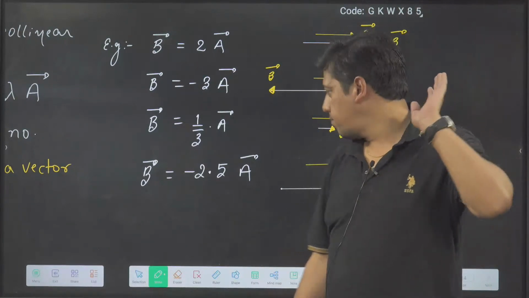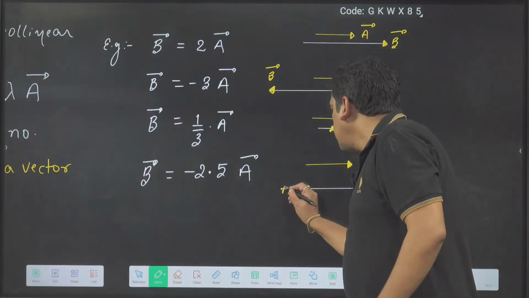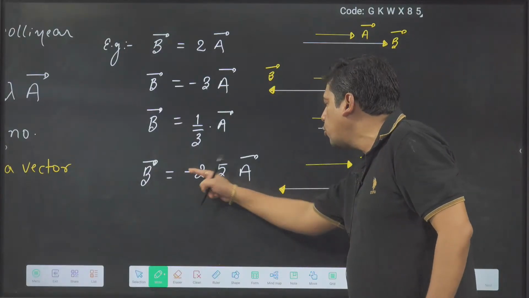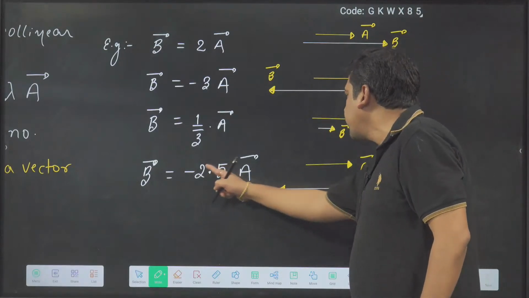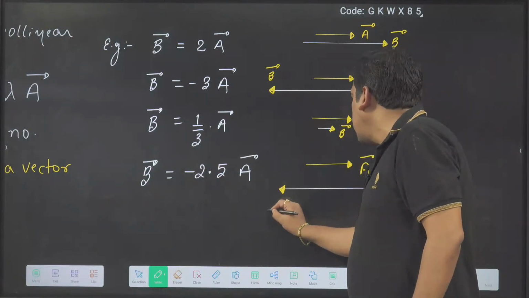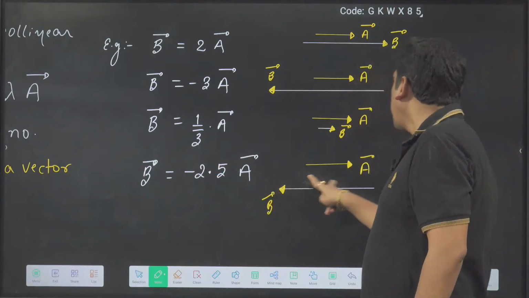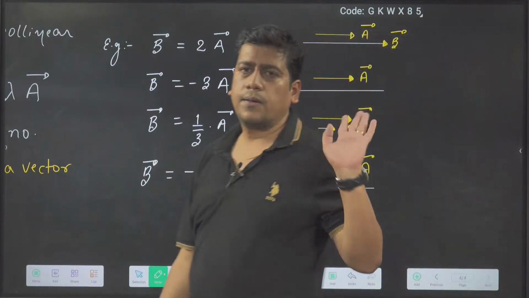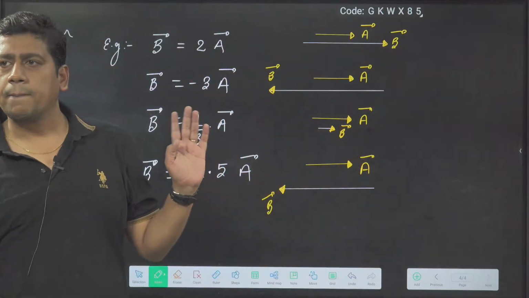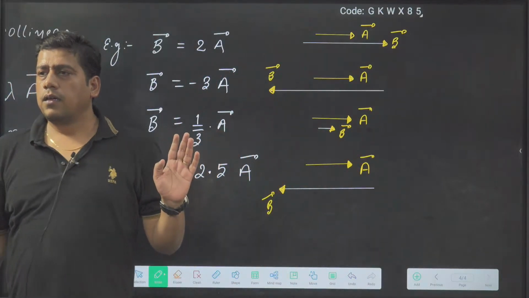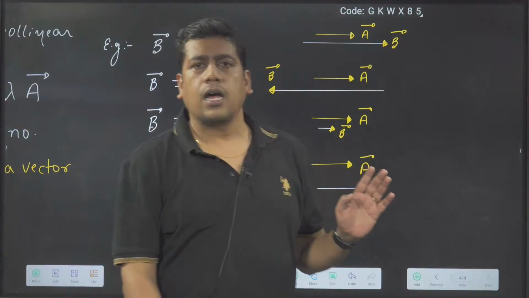I think it is clear, right? Similarly, here also it will be anti-parallel due to the negative sign. And the length we are assuming 2.5 times of a vector. I rest my case here. I hope this is clear.